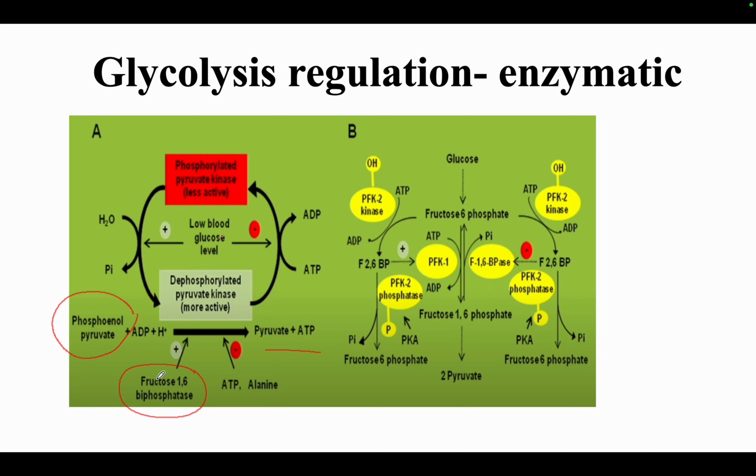What it will do is remove the phosphate group, and it will make the enzyme either active or inactive. This is how low blood glucose levels are regulated with respect to the pyruvate kinase enzyme.